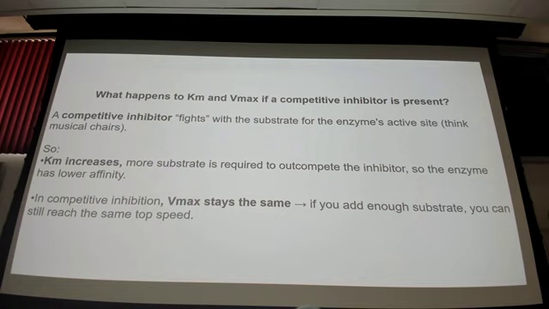And so what happens to KM and Vmax if a competitive inhibitor is present? The competitive inhibitor fights with the substrate for the active site, the musical chairs. And so KM increases and Vmax stays the same, meaning that if you add enough substrate, you can still reach the top speed. All right?